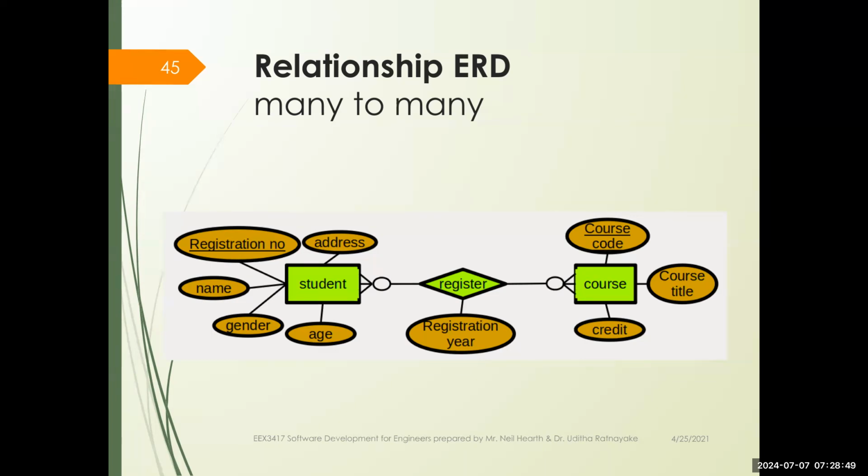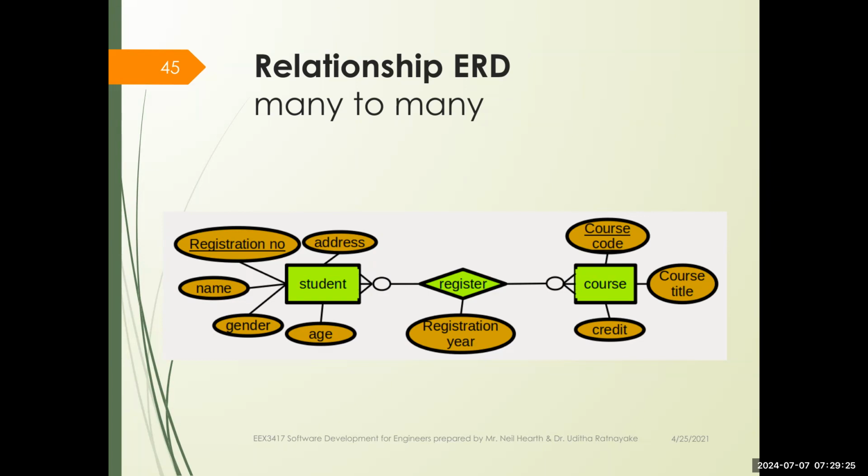Here you can see this ERD, this is called an ERD. This ERD has attributes belonging to the student and attributes belonging to the course. The entities are student and course. The primary key of course is course code. The primary key of student is registration number.